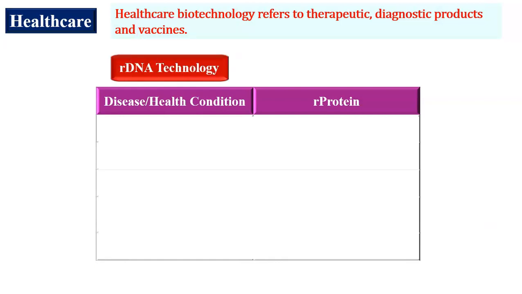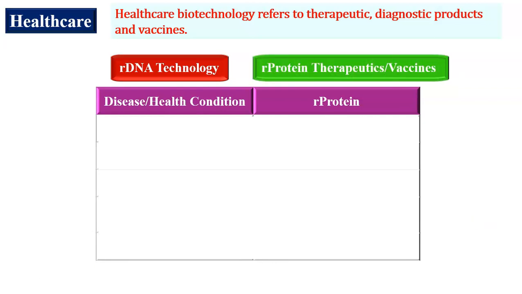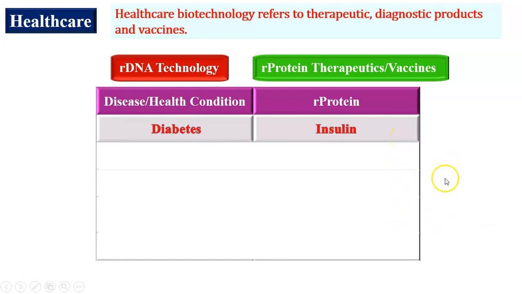Recombinant DNA technology is used for creating various therapeutic proteins and vaccines. These therapeutic proteins are called r-proteins or recombinant proteins. In this table, we can see a few examples of human diseases or conditions for which transgenic proteins are used as therapeutics or vaccines. In diabetes, insulin is produced with the help of bacteria.